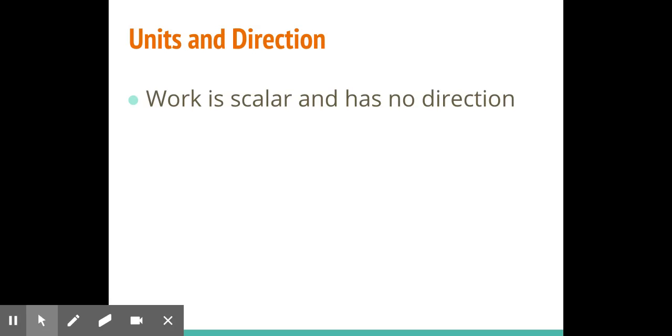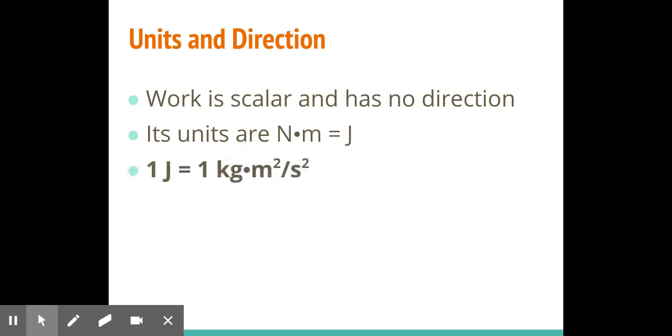So when we write our answer down, it was right. I'm sorry, I'm confusing you guys. When we write this down, the units are Newton meters, which is equal to a joule. And here's another way we can break that down. 1 joule is equal to 1 kilogram times meters squared per second squared.